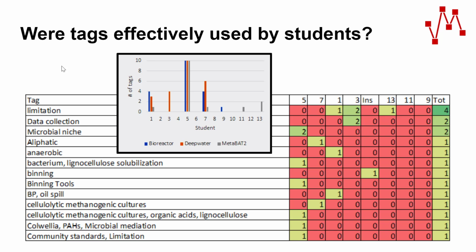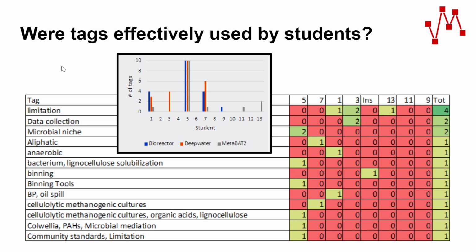The only other tags used more than once were data collection, used by one student twice, and limitation, used by 3 different students. Furthermore, some tags had just slight variations, like differences in capitalization, spelling errors, or commas.